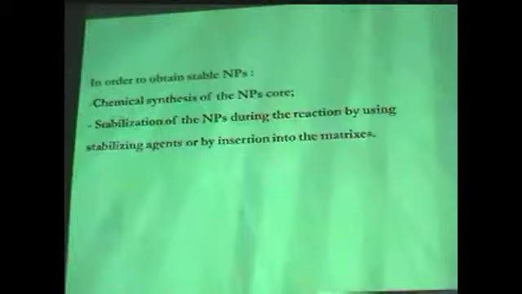So, in order to obtain stable nanoparticles, first of all, we should obtain the core of the nanoparticle by a chemical method, but it's not enough. We should stabilize this core of the nanoparticles by using different stabilizing agents, or we should insert our nanoparticles into a matrix.